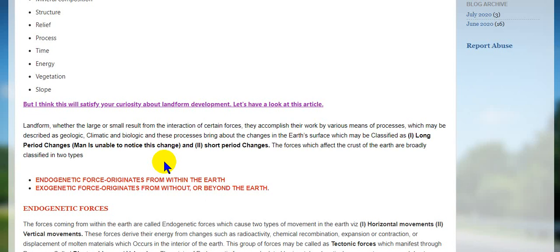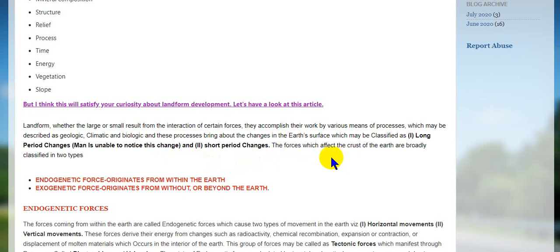Man is unable to notice these changes. The long period changes are non-observable to human eyes because they take a lot of time. And the second one is short period changes, which are observed.